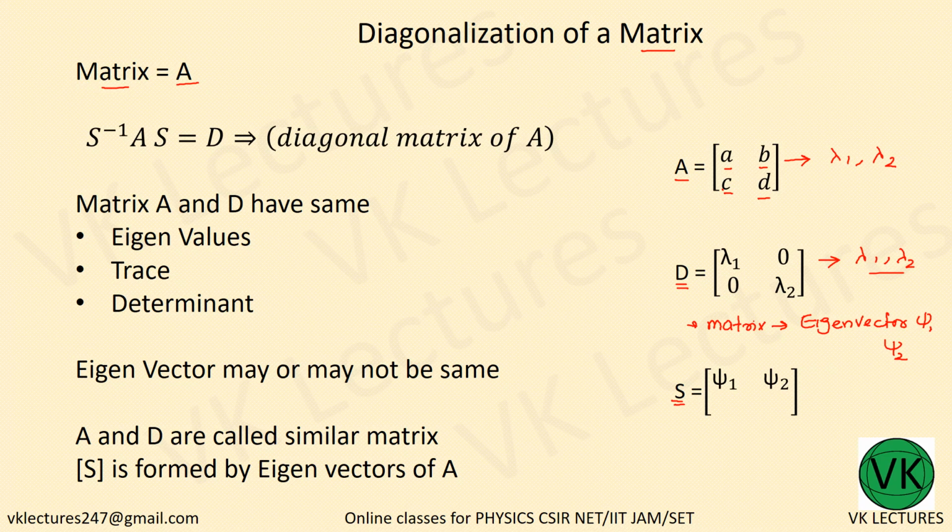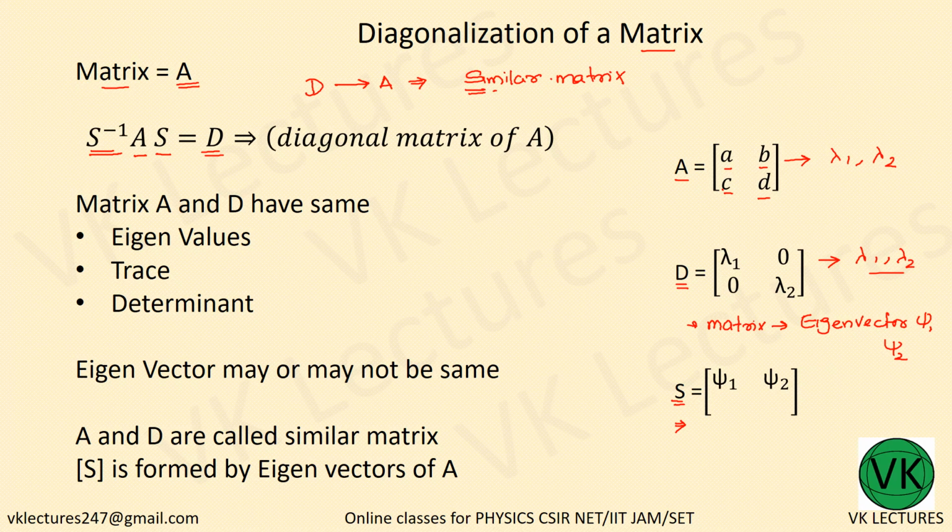Now S inverse, the inverse of the matrix S, into A, the original matrix, into S will give us the diagonal matrix D. This diagonal matrix D and the original matrix A are called similar matrices. That is why it is S inverse AS.